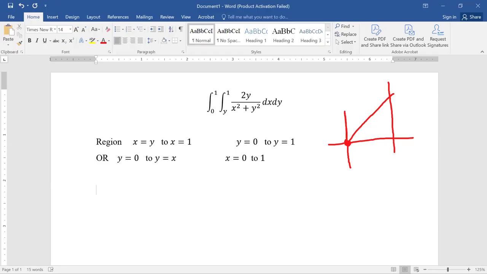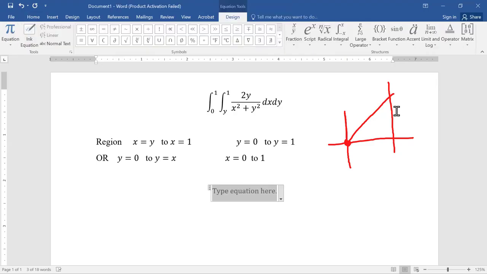And now I know that if I want to integrate with respect to y first, and then x, x is going from 0 to 1. Y is going from y equals 0 to y equals x.